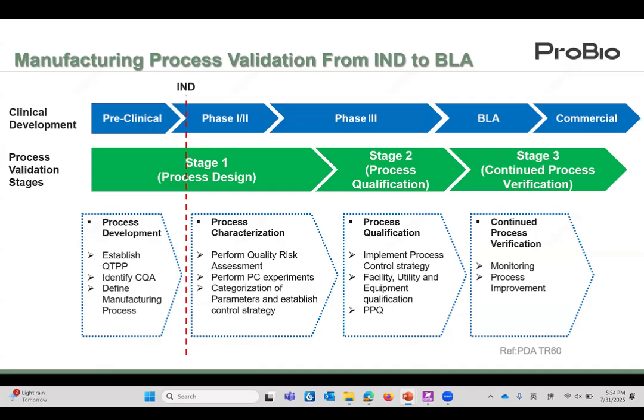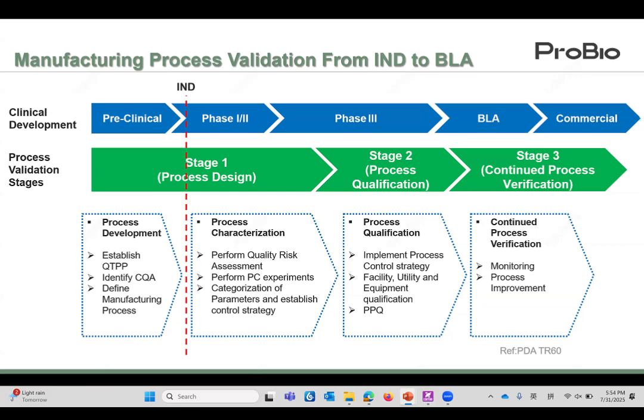After process characterization, you will have defined CPPs, KPPs, like such process parameters, as well as a control strategy. After that, process qualification, the PPQ, will be performed during this stage.